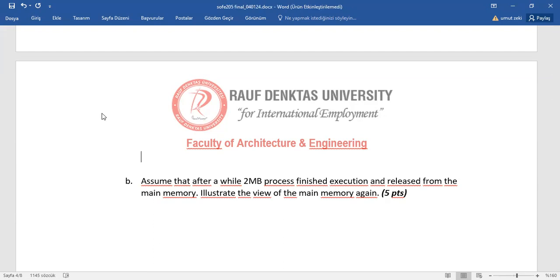Try to understand. I will send the recording after a while today. You can check again. If you understand these things, it will not be a problem in the exam.